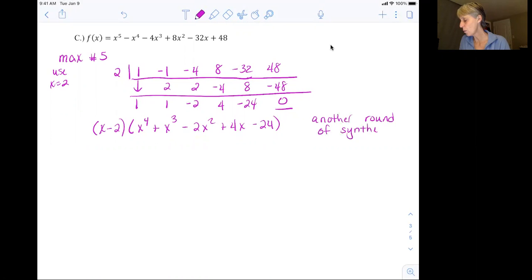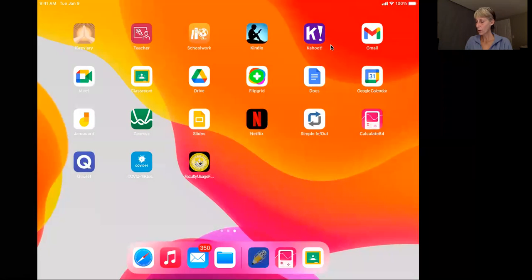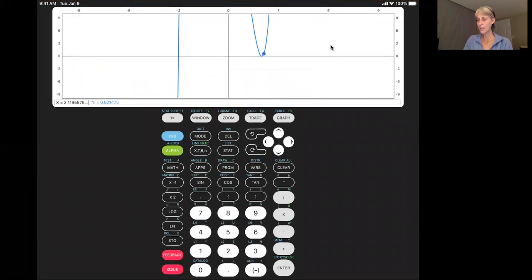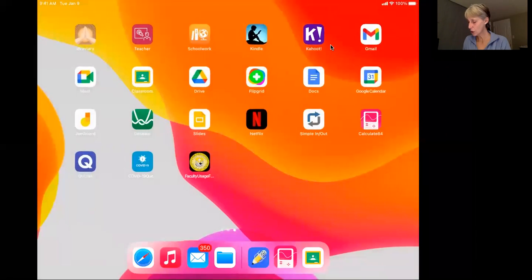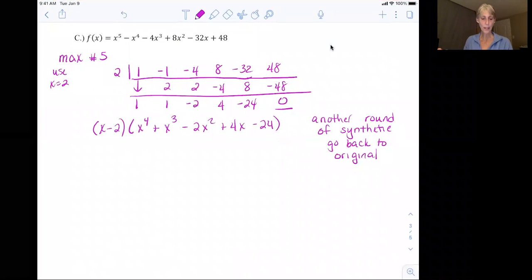So we're going to go back to our original and pick another zero. We already saw from the graph that x equals 2 has a multiplicity of 2. So rather than try to figure out the negative one, I'm going to use x equals 2 again.